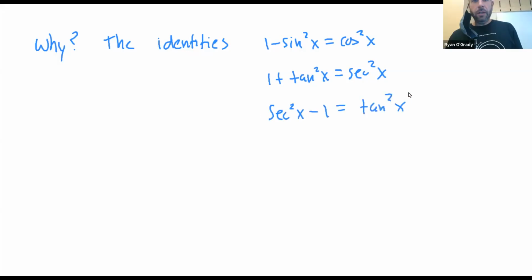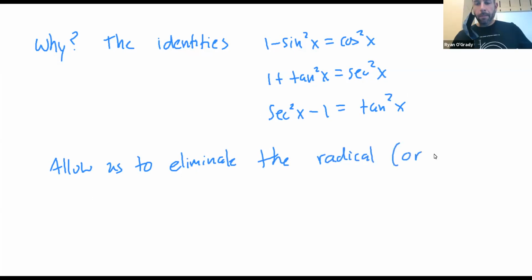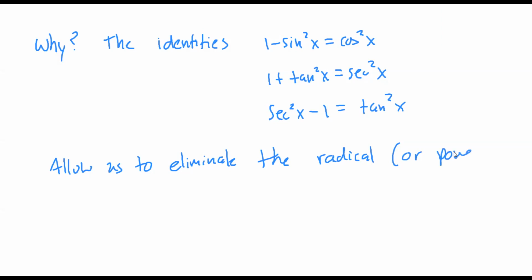What these three identities do is allow us to get rid of the radical, or eliminate it, if you will. And really, or power, in general.